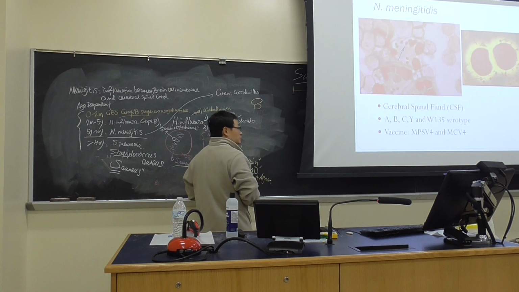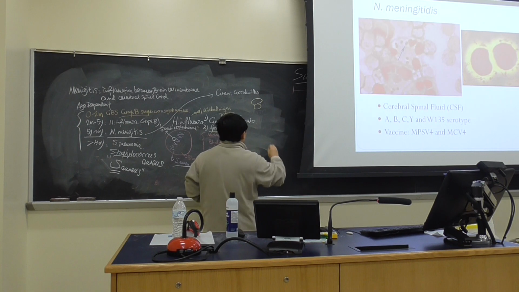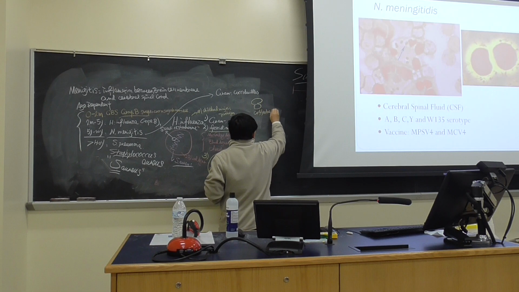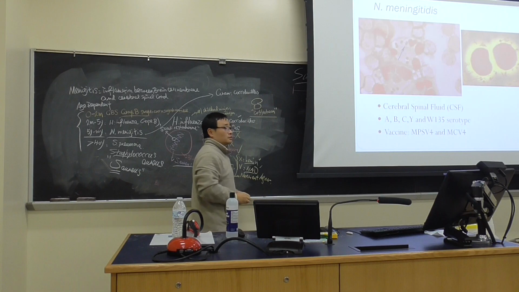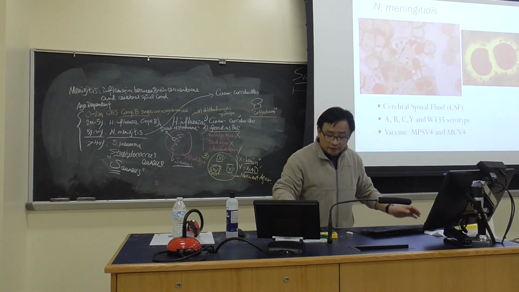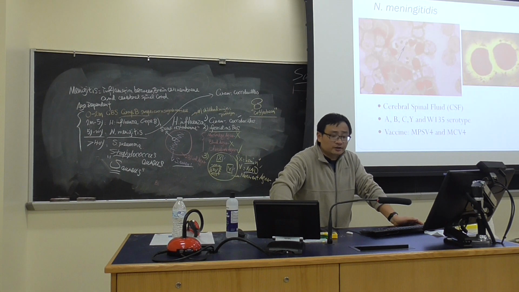It's a diplococcal. What does it look like? Coffee bean. So in other words, if one of you one day has a stiff neck, vomiting, lethargy, headache, and is a little bit drowsy, then you go to see a doctor.